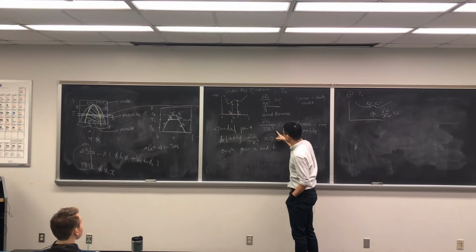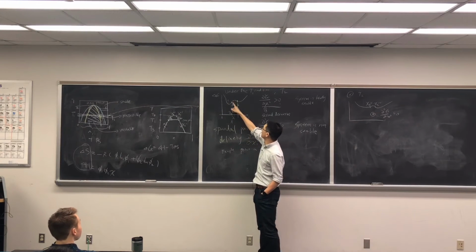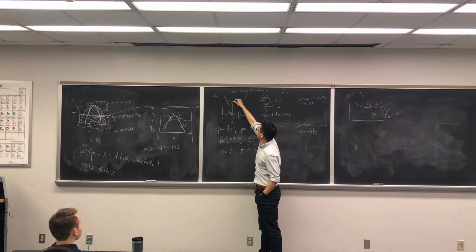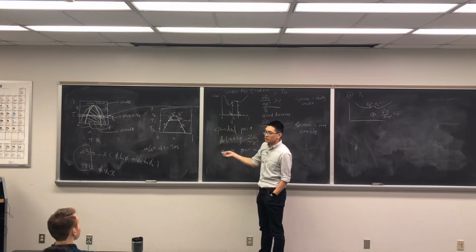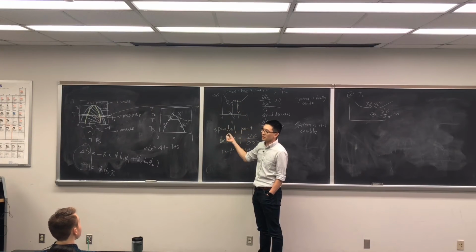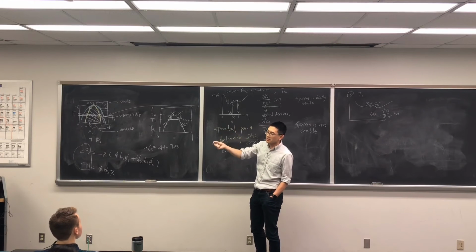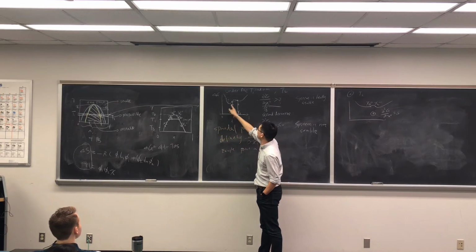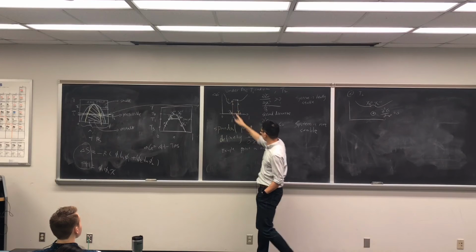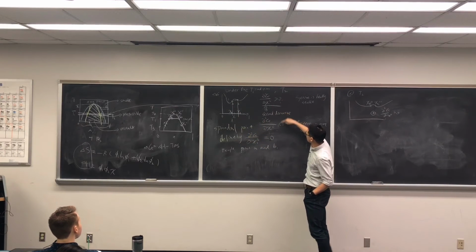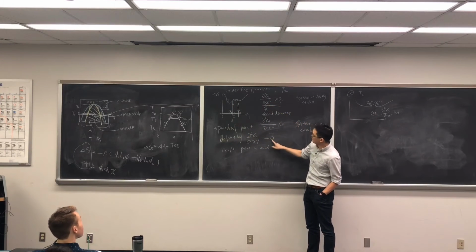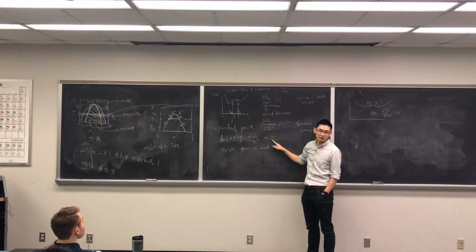If it's negative, it will not be stable, which is in the middle region. And the spinodal point is just the transition point from stable to non-stable, which is when the second derivative equals 0. Okay?